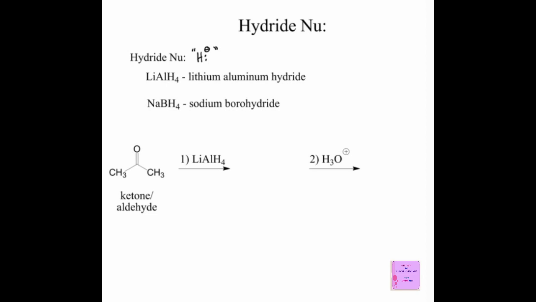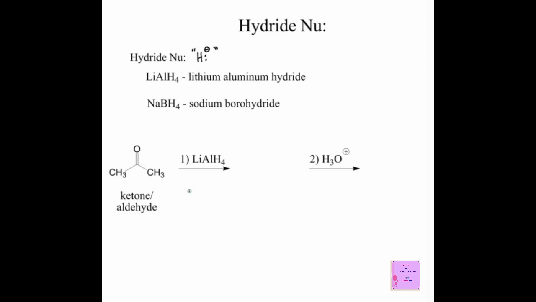It's always going to be coordinated to a metal. We're going to either use lithium aluminum hydride or sodium borohydride. You can see how similar these species are. Okay, and that aluminum is going to take one of the hydrogens and deliver it, or the boron is going to deliver a hydrogen, but it's going to react as if it was an H minus.